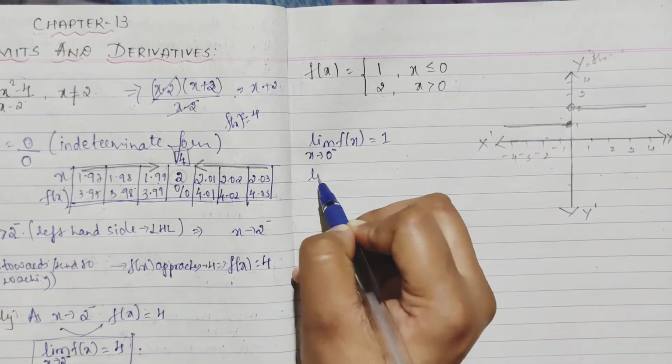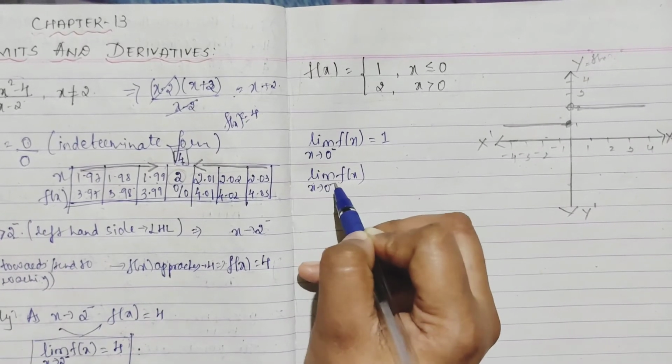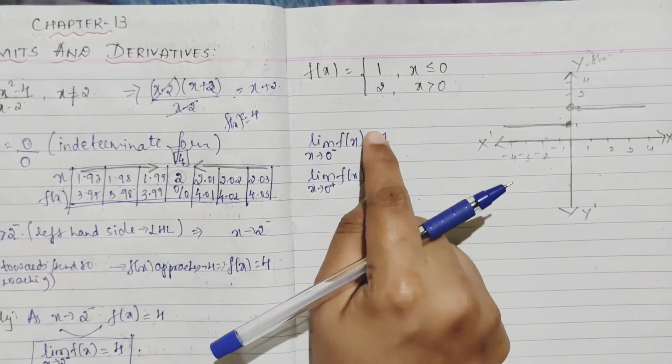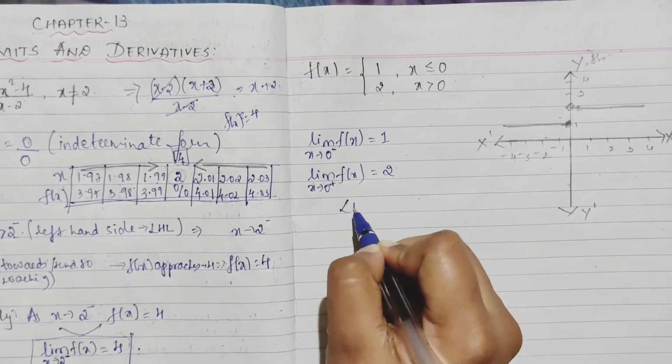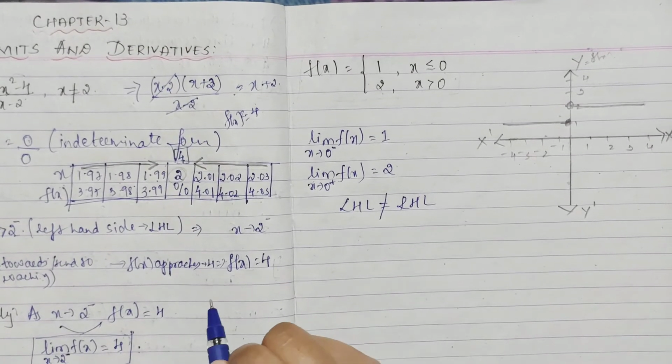And limit f of x as x tends to 0 plus, the right hand side, its value is 2. Now you see your left hand limit and right hand limit are not equal.